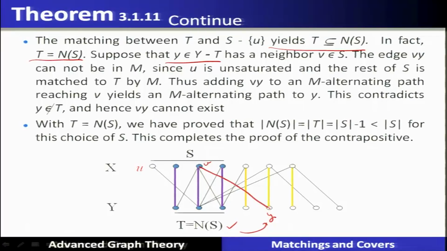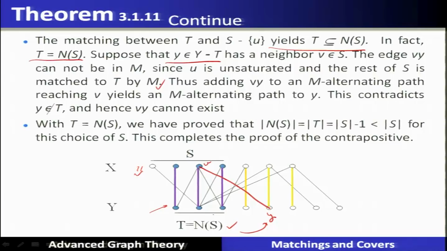So, the edge vy cannot be in M, that means it cannot be in the purple color. Why? Since u is unsaturated and the rest of S is matched to T by M, adding the edge vy to an M-alternating path reaching v yields an M-alternating path to y, and this contradicts the condition that y is not an element of T. Okay, it is not in T.